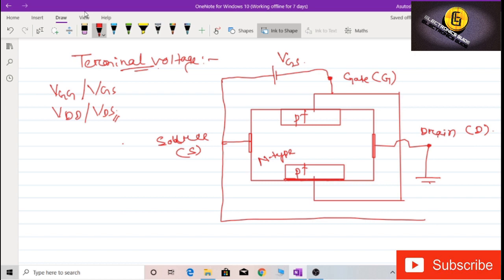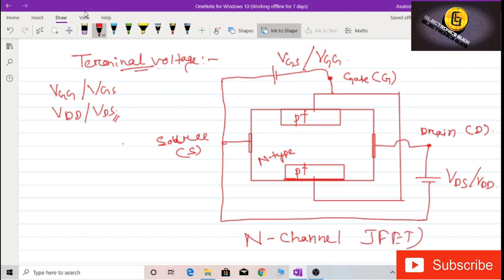This is VDS or VDD. The VGS is otherwise known as VGG. For an N channel JFET, VGG is negative, whereas VDD is positive.